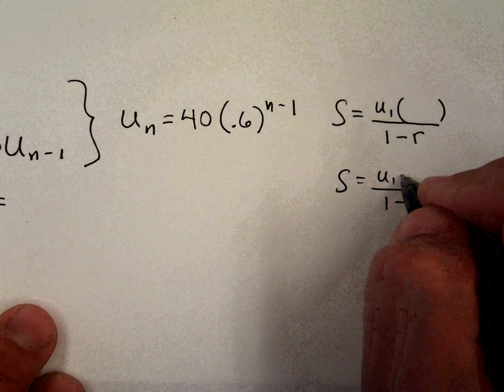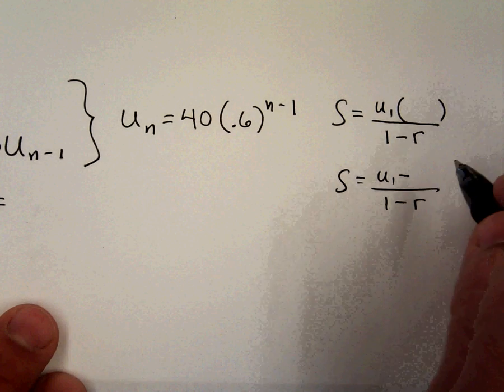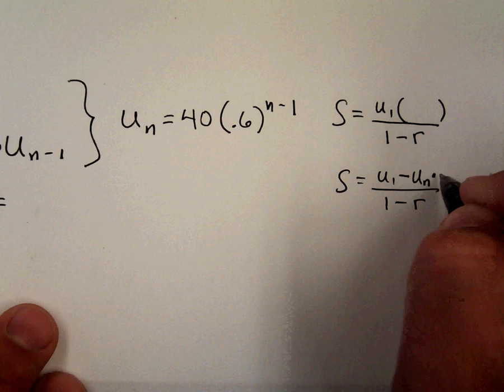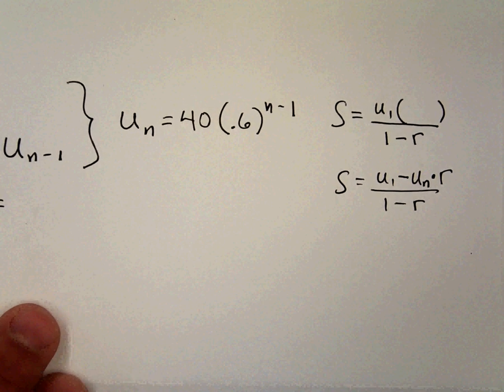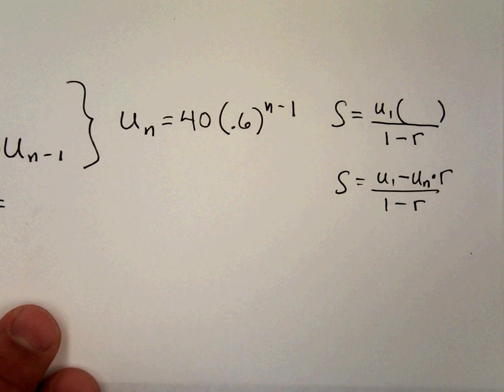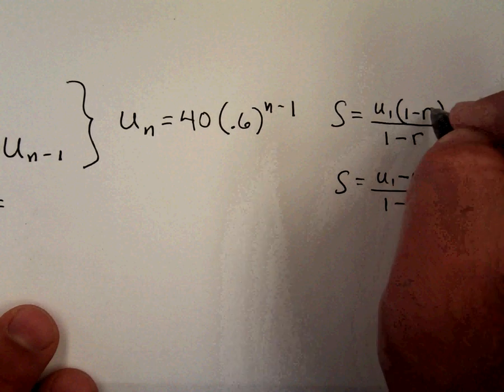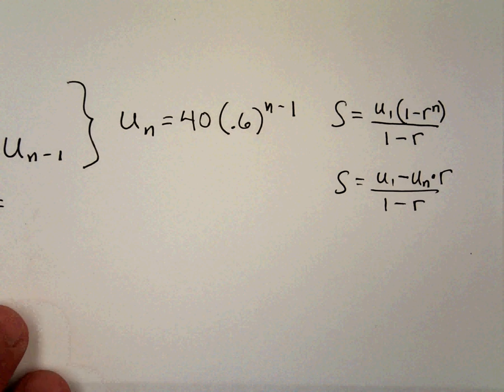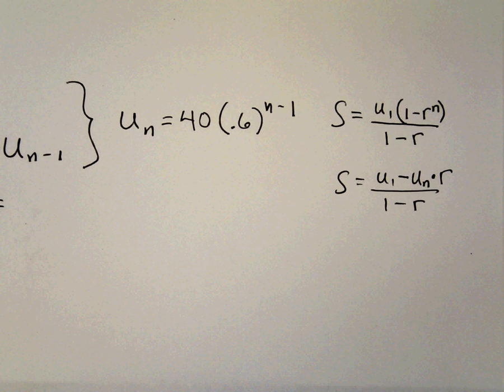This one has you subtracting the term after the last term, un times r. This one has you multiplying the top by 1 minus r to the n. It's up to you as to which one to use. Both will give you the same answer.